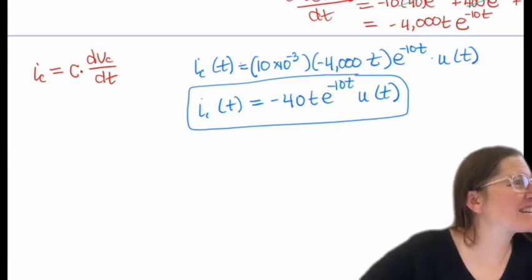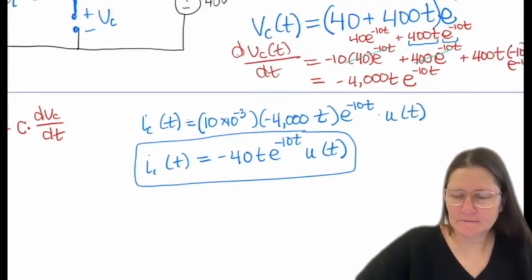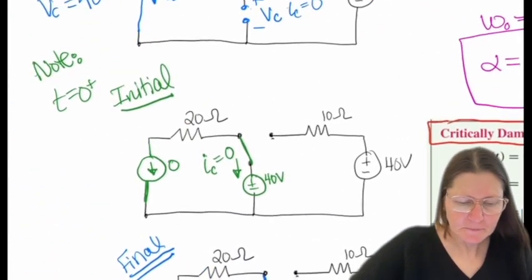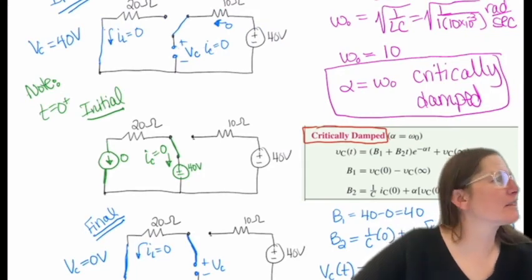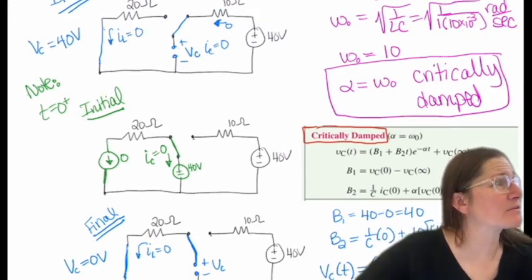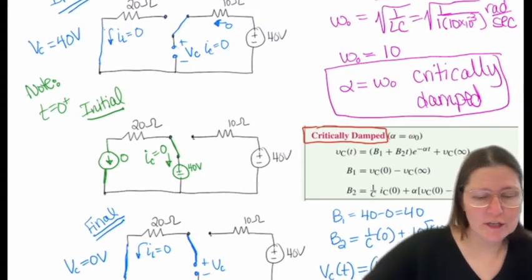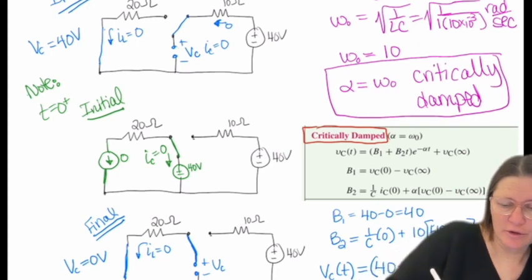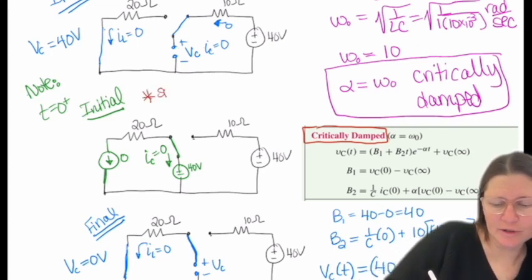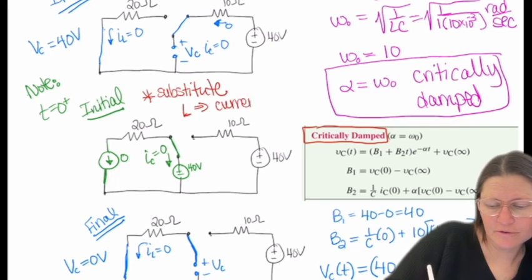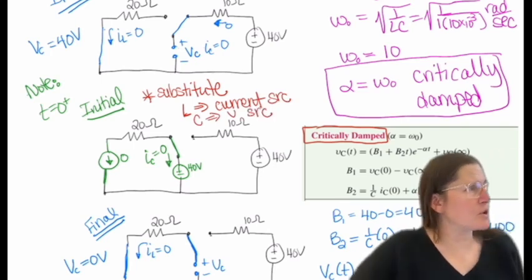Any questions? Yes. So for B2, why is the IC 0 again? So you find that IC of initial value at time t equals 0 plus. Do you understand that part? To get 0 plus, you redraw. The trick with this one is to substitute your inductor as a current source, and your cap as a voltage source of the step right before.